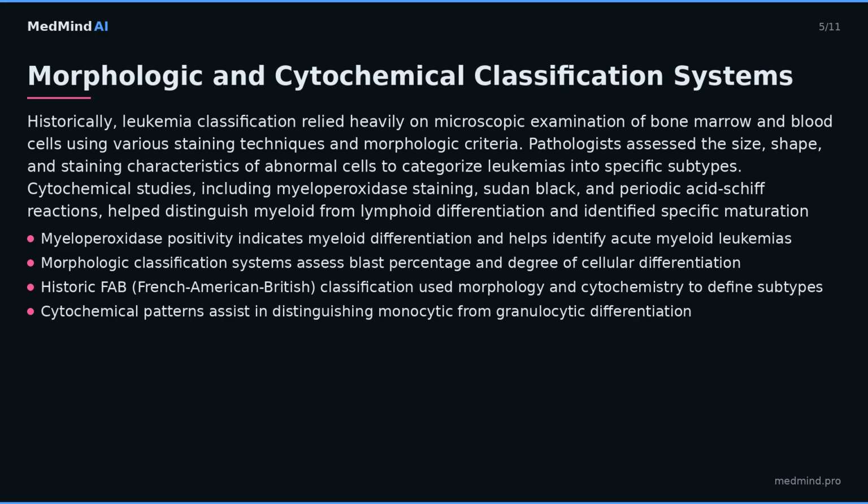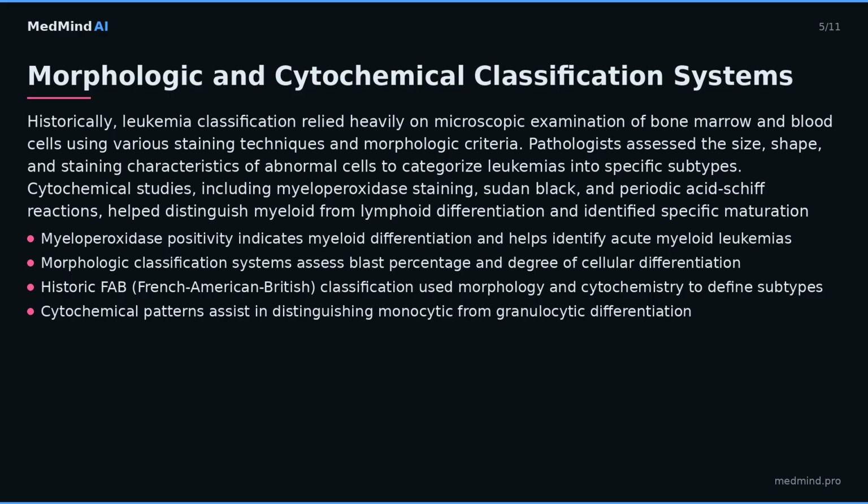Morphologic and cytochemical classification systems. Historically, leukemia classification relied heavily on microscopic examination of bone marrow and blood cells using various staining techniques and morphologic criteria. Pathologists assessed the size, shape, and staining characteristics of abnormal cells to categorize leukemias into specific subtypes.